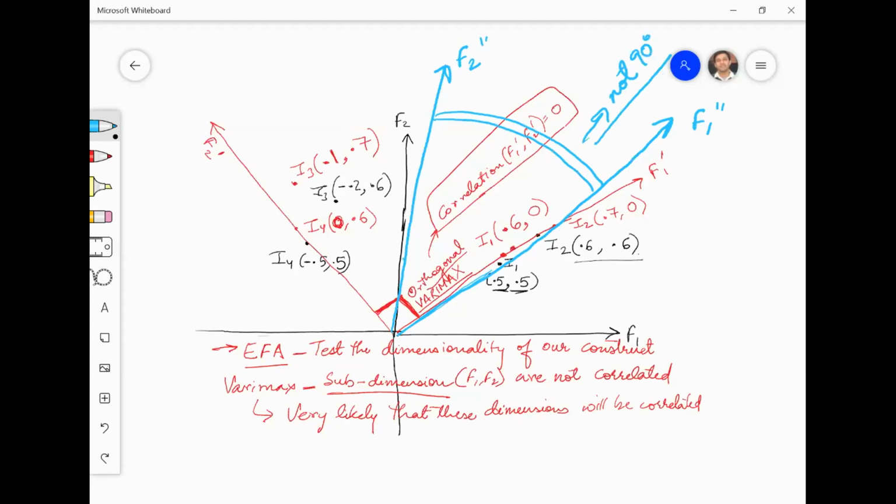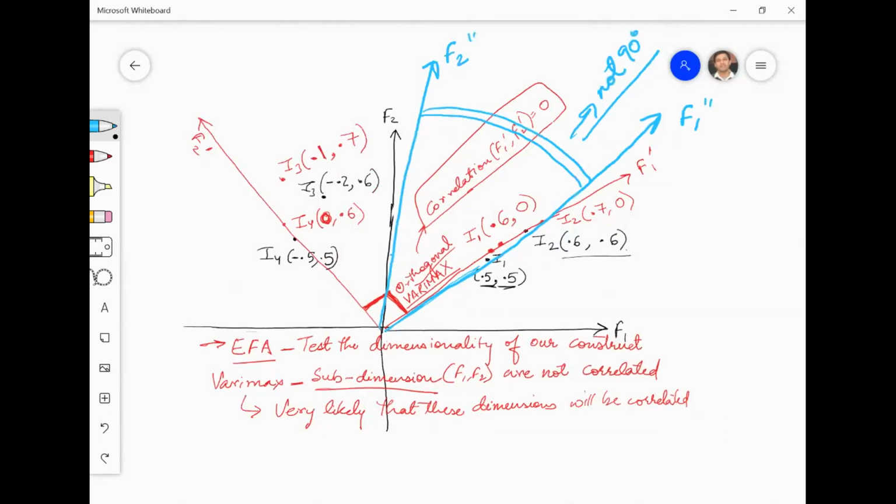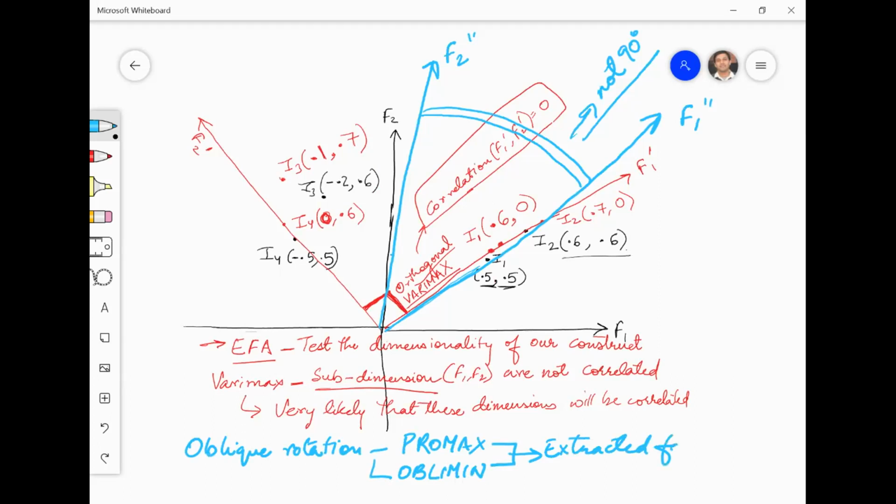So the better way, and in literature this is called oblique rotation. In SPSS, there will be two options for oblique rotation, Promax and Oblimin. And what does oblique mean? That the extracted factors can be correlated to each other.